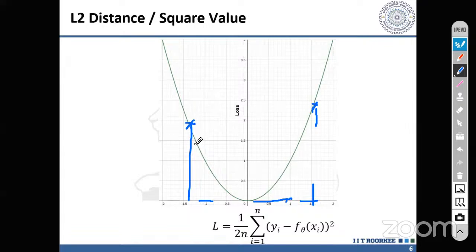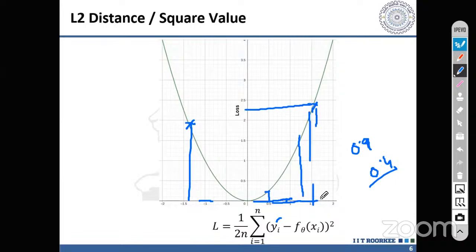That means you are applying more penalty to the loss function based on the error. If the actual is, for example, 0.9 and you are predicting 0.4, the difference is 0.5. Whenever the prediction is a little further off, the loss is going to be large.